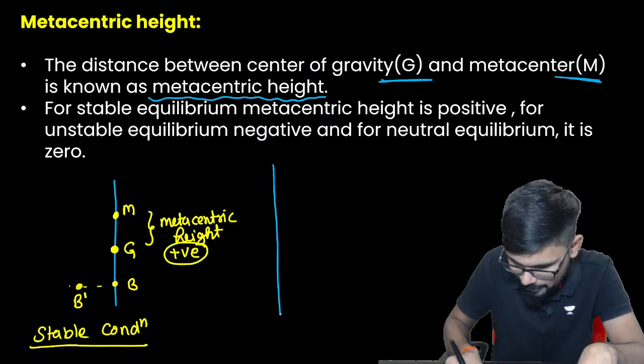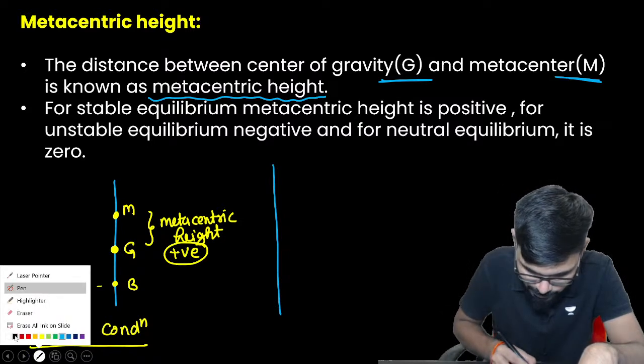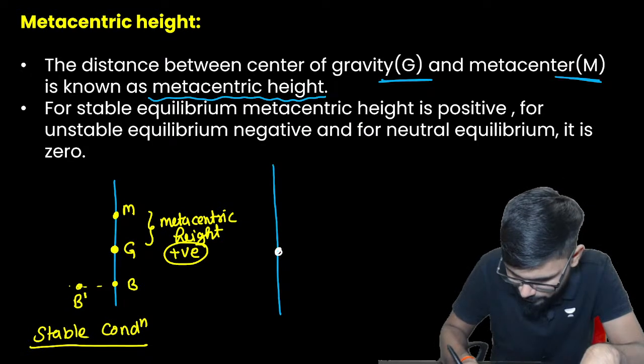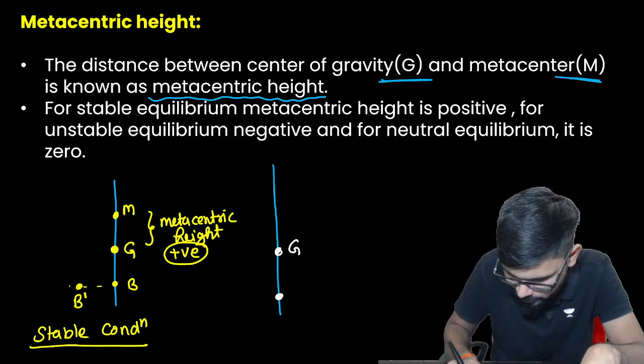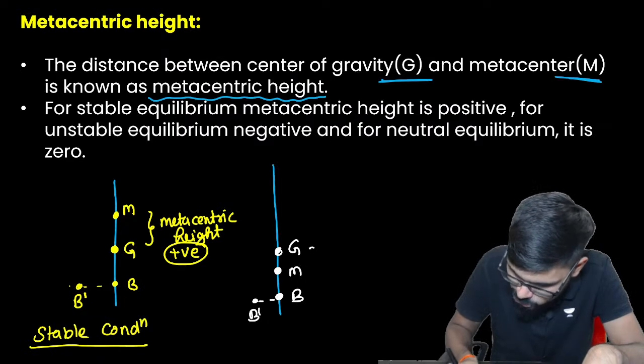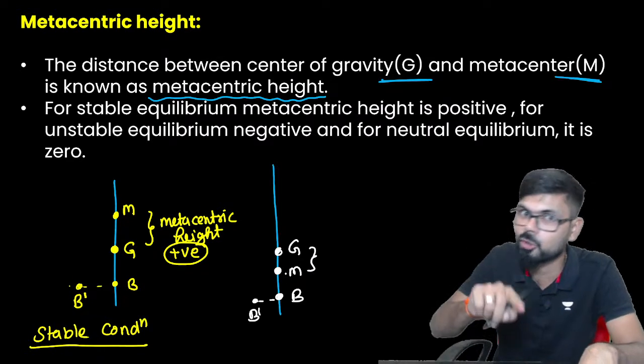Let's come to the next one, unstable equilibrium. Unstable equilibrium means, let's say G is here, B is somewhere here, B dash is somewhere here, and the metacenter is coming somewhere here. This is also metacentric height, but a negative metacentric height.